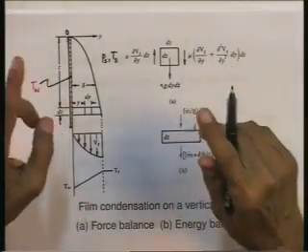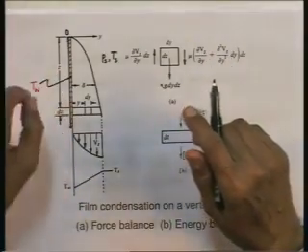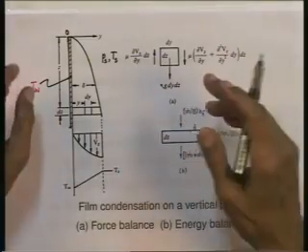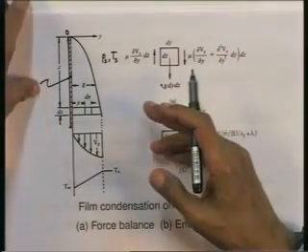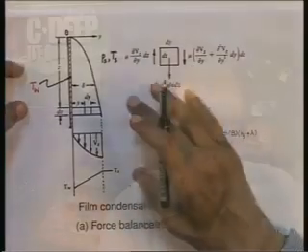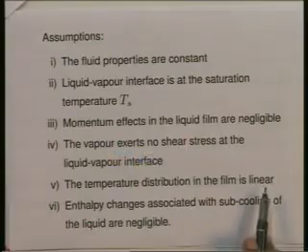What we are saying is this shear stress is negligible. Again, probably an exceedingly good assumption to make for the physical situation that we are talking about. Then the next assumption which Nusselt made and which we are making is the temperature distribution in the film is linear. The film is very thin.